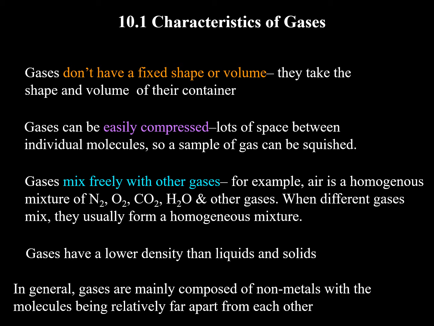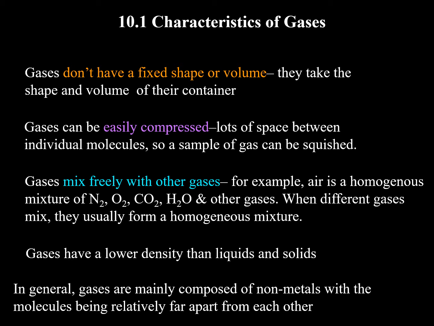So I just mentioned gases don't have a fixed shape or volume. They can be easily compressed. They have lots of empty space in between the molecules, and they move freely among other molecules. You think of air as a homogeneous mixture, made up of approximately 70% N2, about 20% O2, and some other gases like CO2 and H2O, etc. And gases have a lower density, of course.